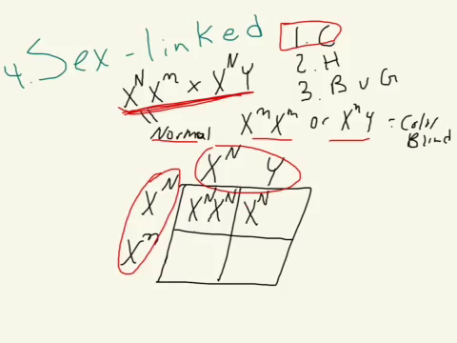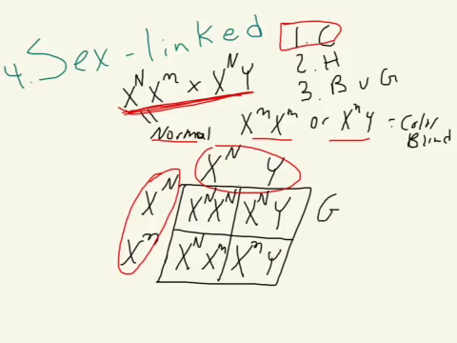Here we bring our X over from mom and our Y down, and then again we have dad's N coming down, X, and mom's X coming across, and dad's Y coming down.